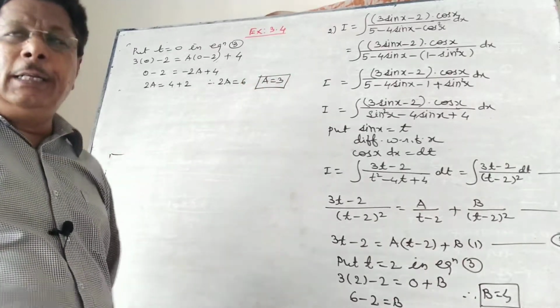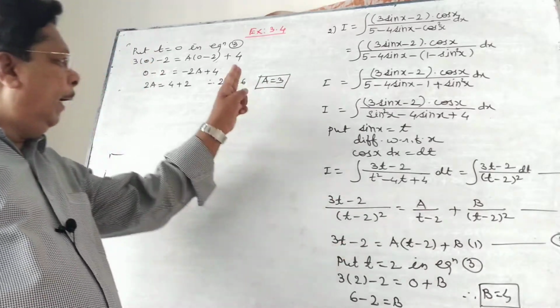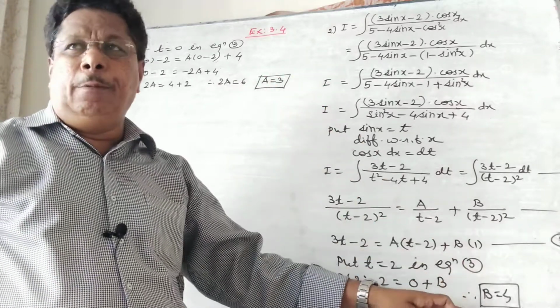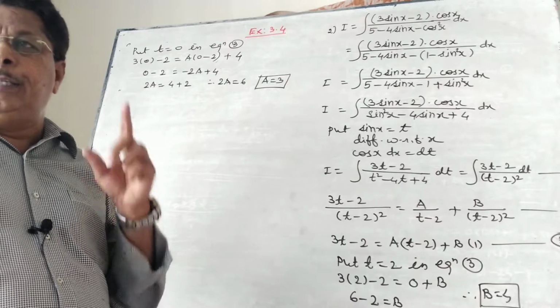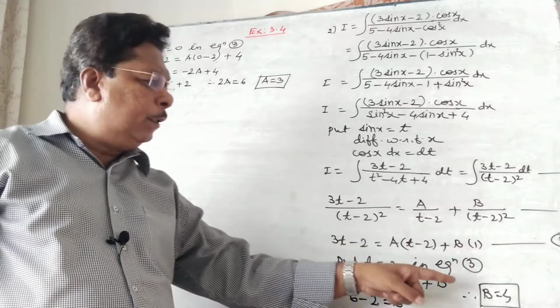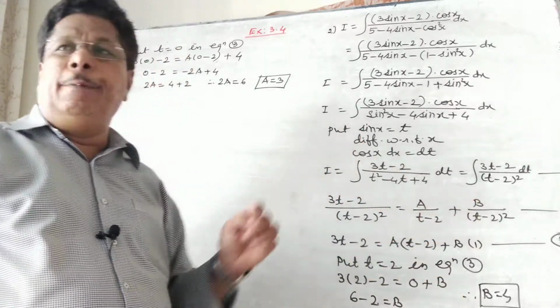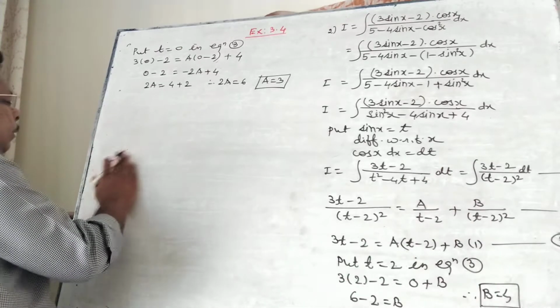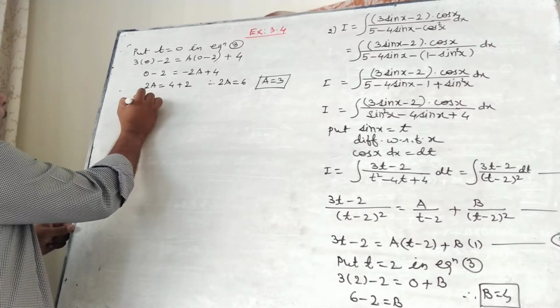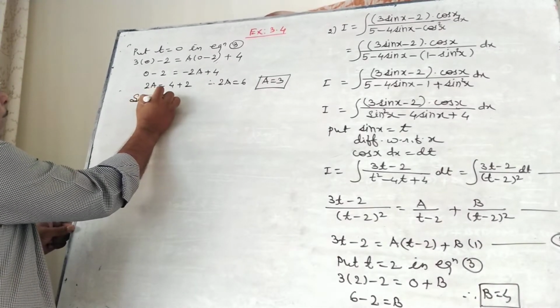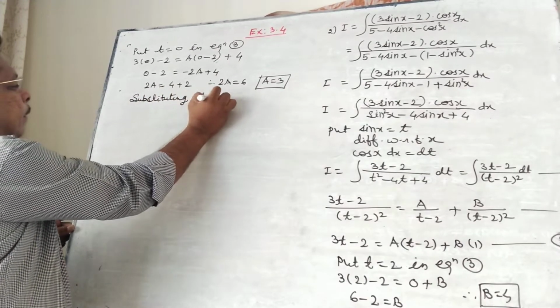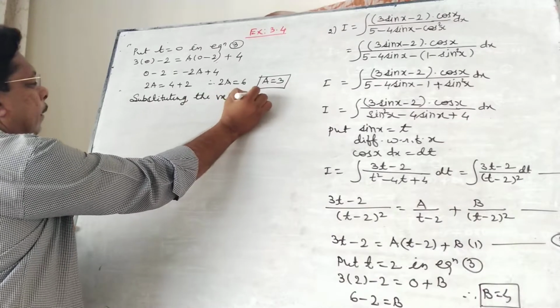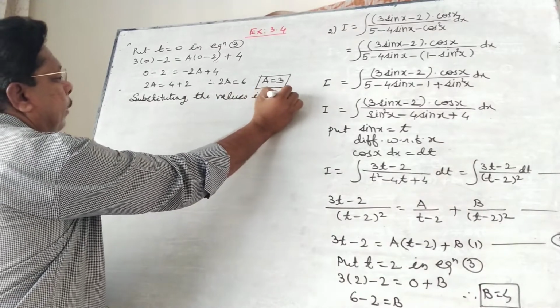So here we get the values of A and B. A equals 3, B equals 4. These are the partial fraction constants. Substitute the values of the partial fraction constants in equation 2.